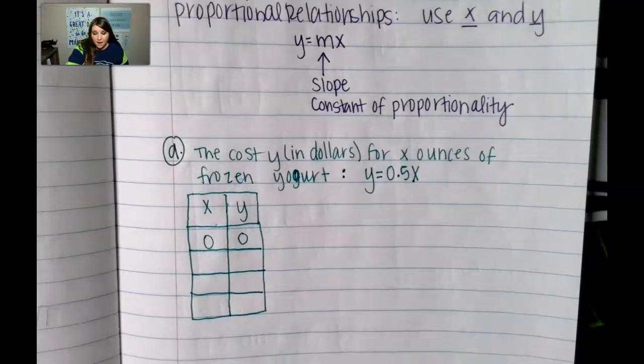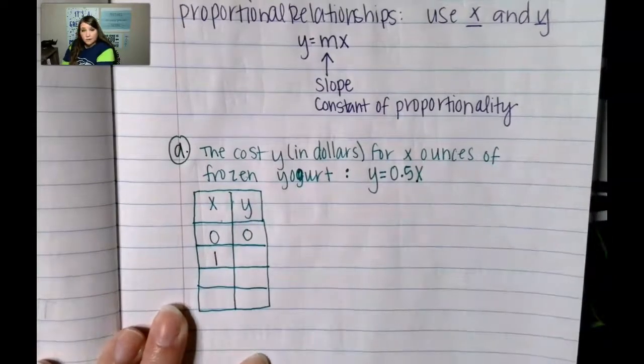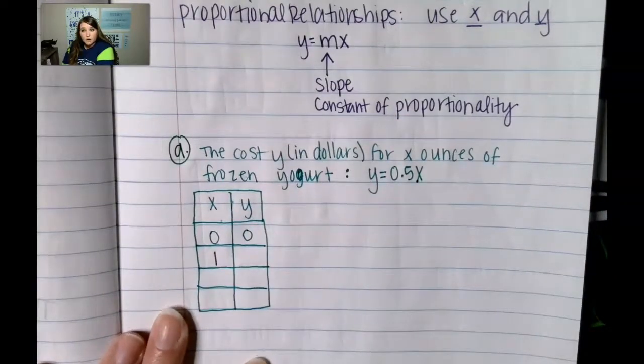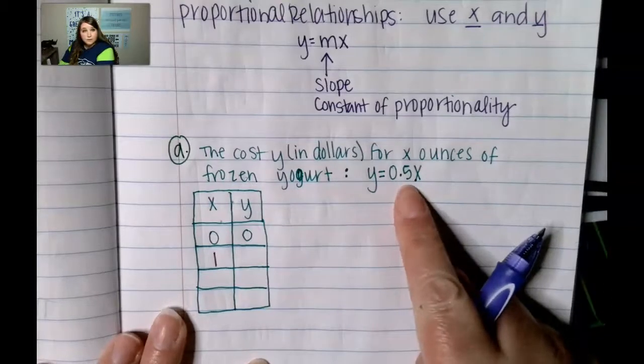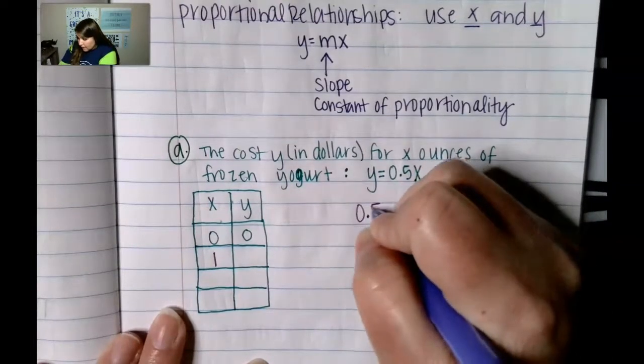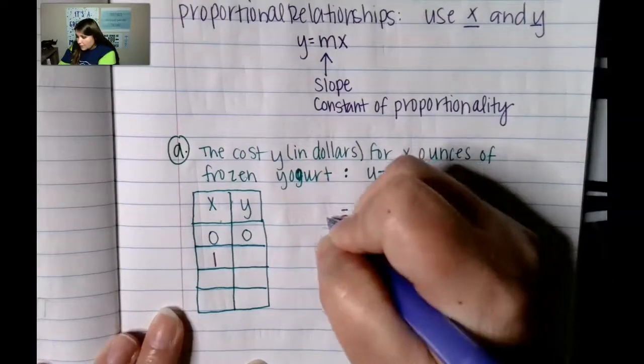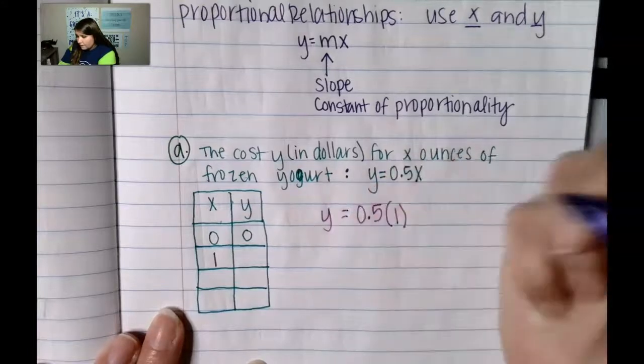But let's say that I buy 1 ounce of frozen yogurt. So if I buy 1 ounce, I am going to pay 50 cents. So my equation is 0.5 times 1 ounce, and that is going to give me my Y value.